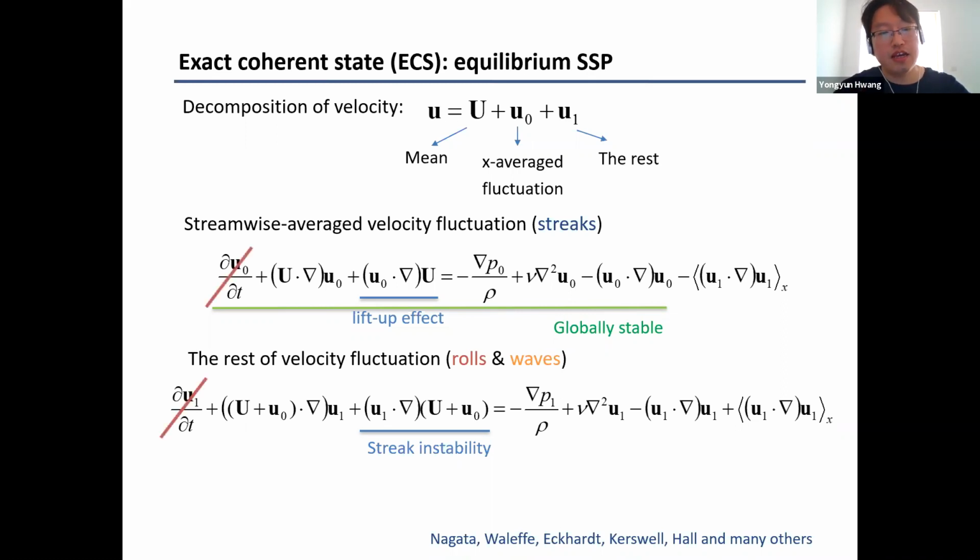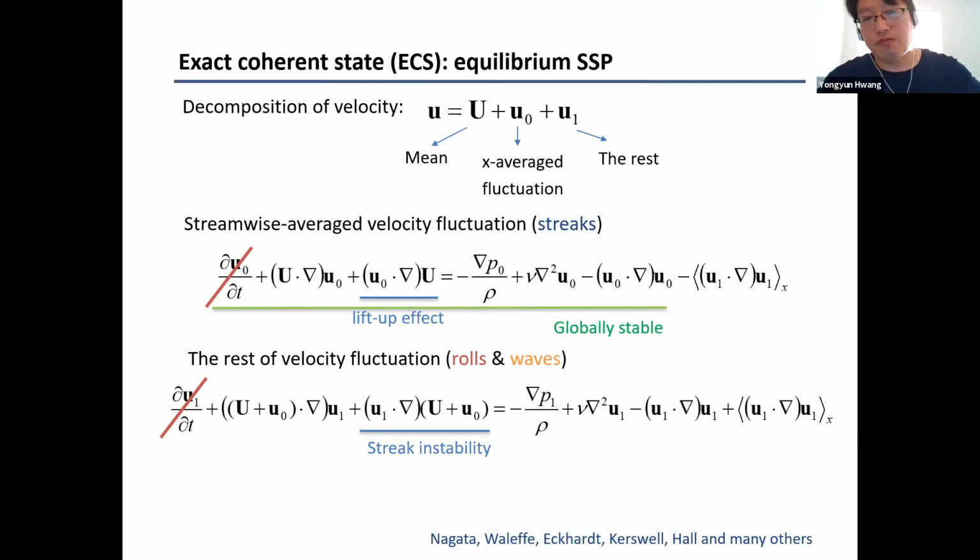It means you can have steady solutions which are not the laminar state. That has been called an exact coherent state. It was first discovered by Masato Nagata back in 1990, and then Fabian Waleffe computed it, and Bruno Eckhardt and Rich Kerswell also computed a lot, especially for pipe flow in the earlier days.